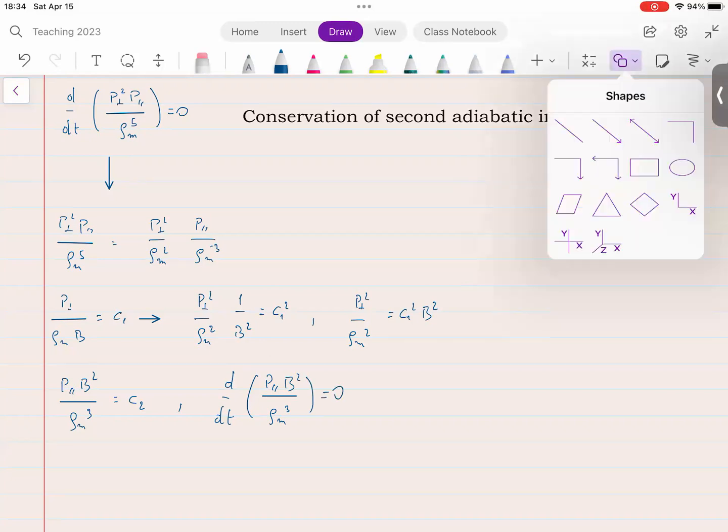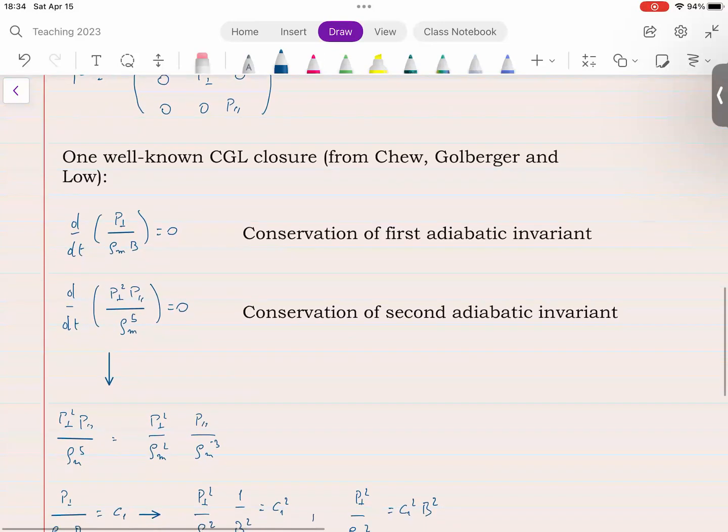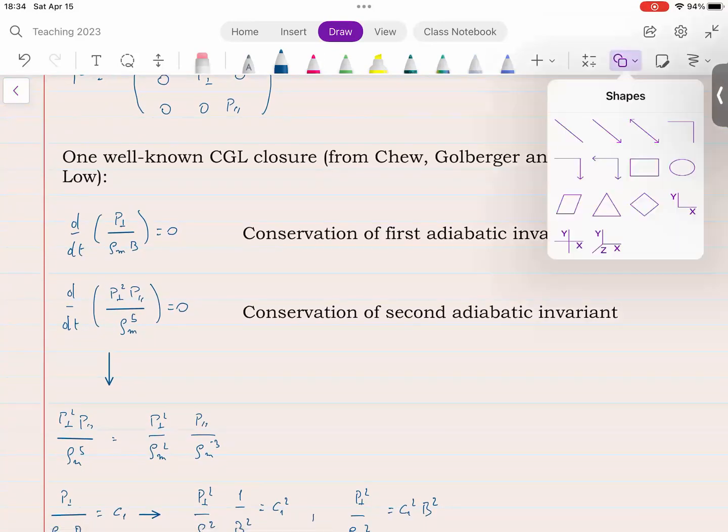And that is another form of the same closure.